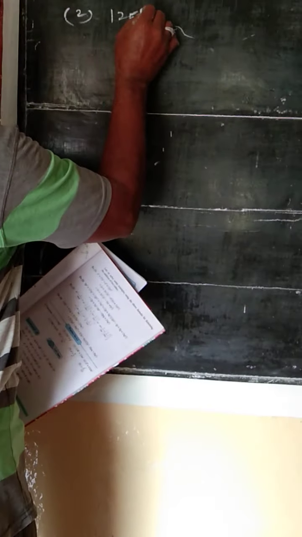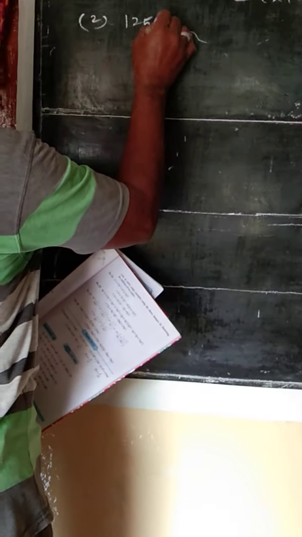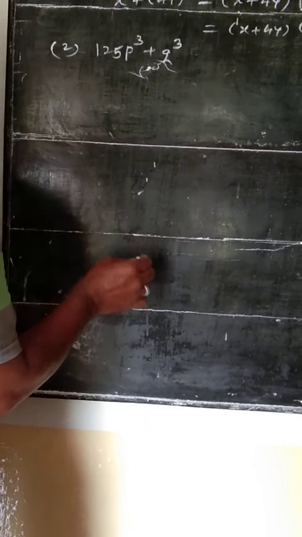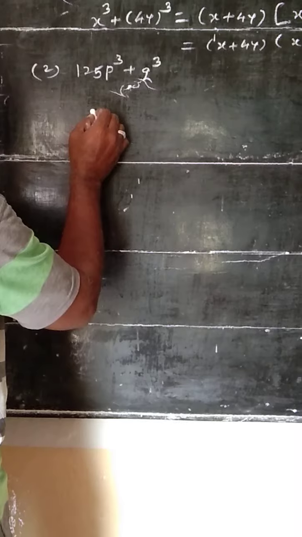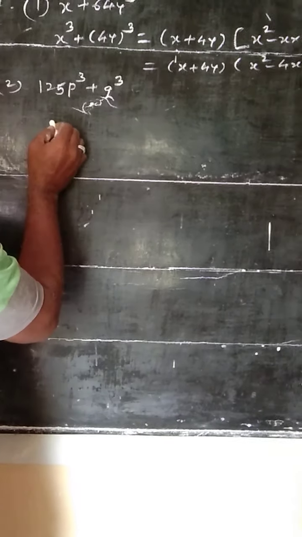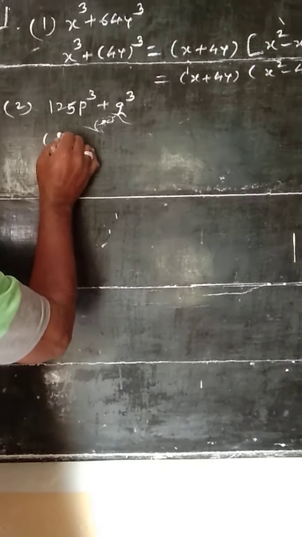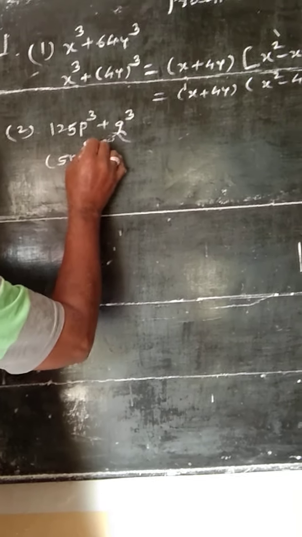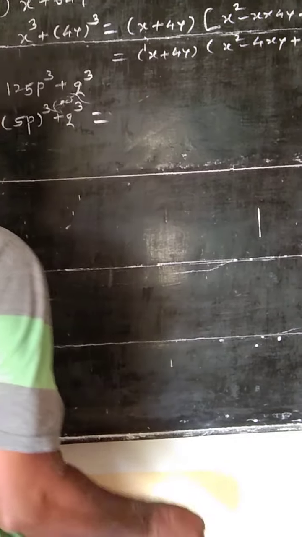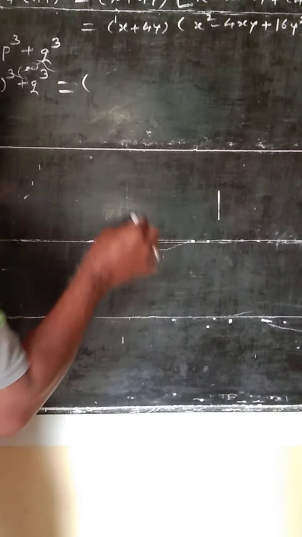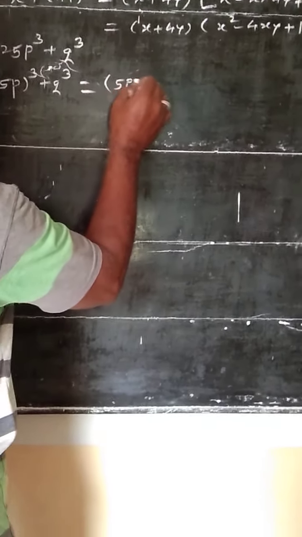See the second example, 125p cube plus q cube. 125p cube is the cube of (5p) bracket cube, plus q cube, which is equal to, in the first bracket, the sum of the cube roots, 5p plus q.